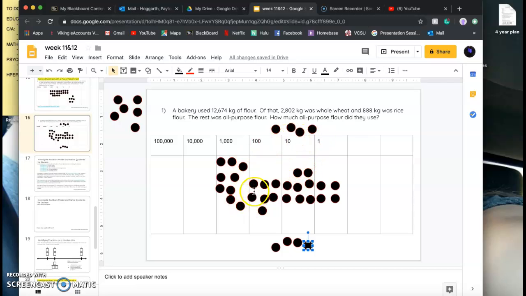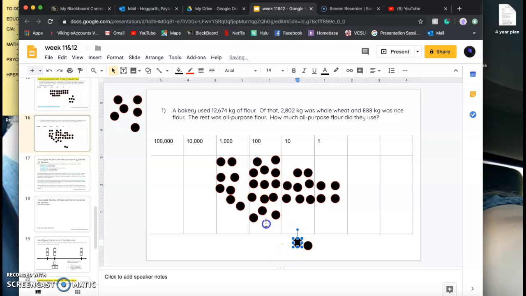Now in the 100s, I have 1, 2, 3, 4, 5, 6, 7. So I cannot take 8 away, so I need to add from the 1000s, and I'm going to add 10. 1, 2, 3, 4, 5, 6, 7, 8, 9, and one more, 10.